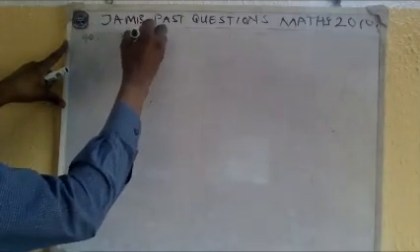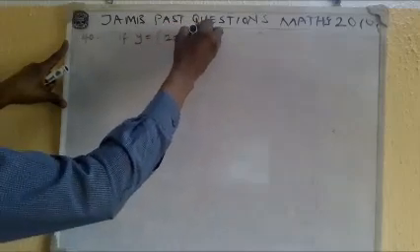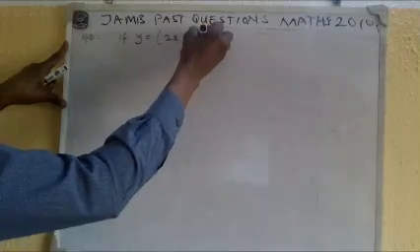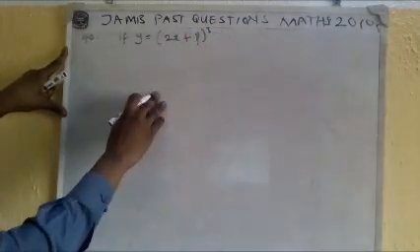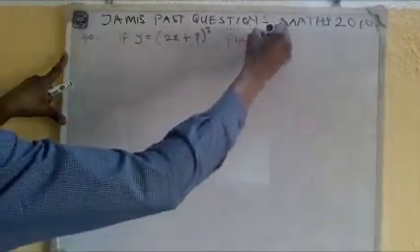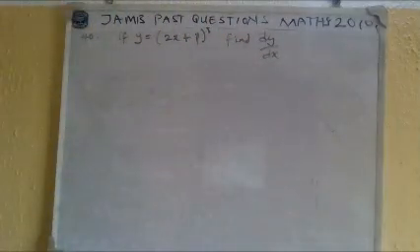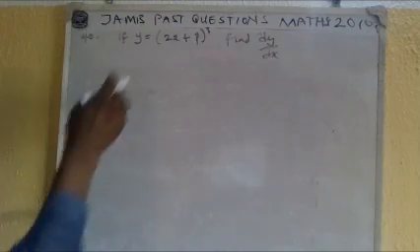Okay. Number 40 here says, if y is equal to (2x+1) raised to the power 3, find dy/dx. This question is what we call a composite differentiation. For composites, if for instance you have a function of a function, there are two functions here.